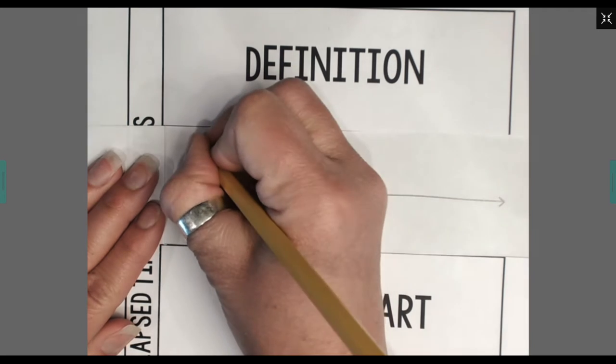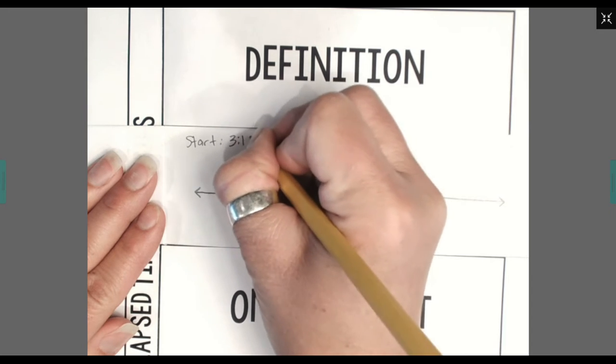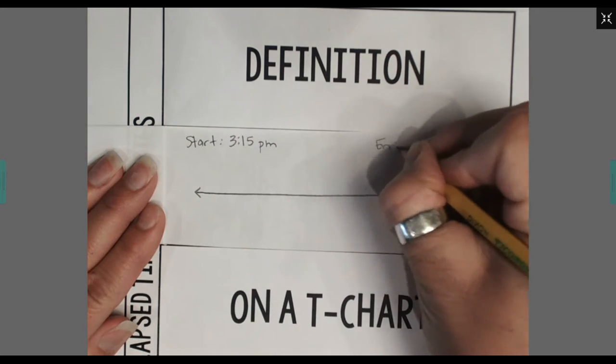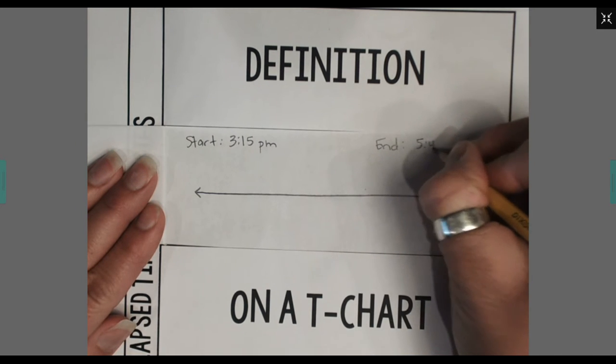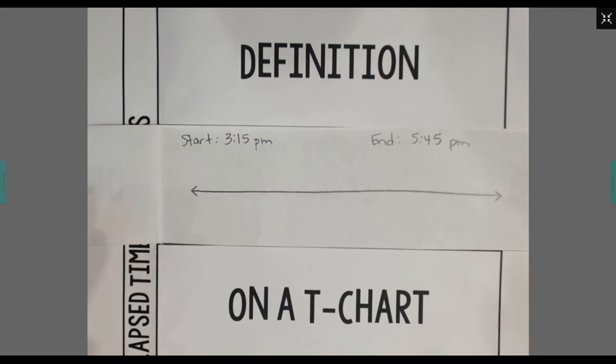So if I have my start time being 3:15 p.m., and I have an end time, and my end time is going to be 5:45 p.m. And I'm going to use the same time for all the strategies, just so you can see that we get the same answer, solving several different ways.